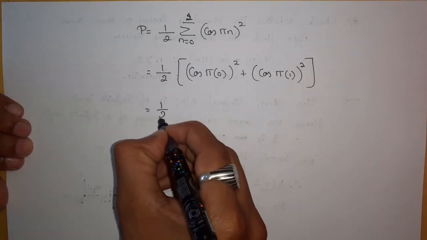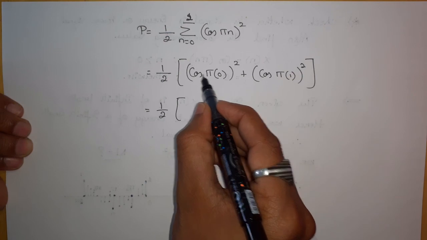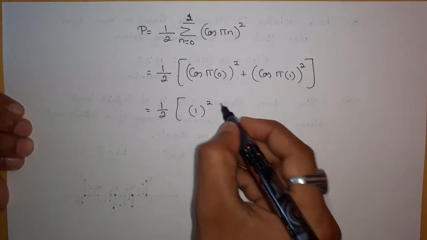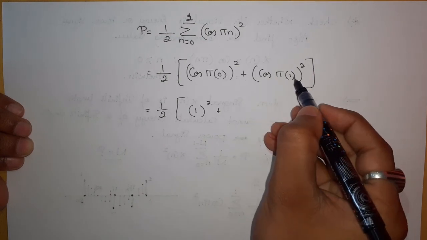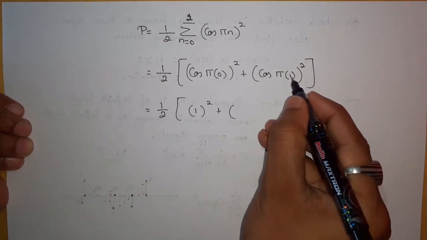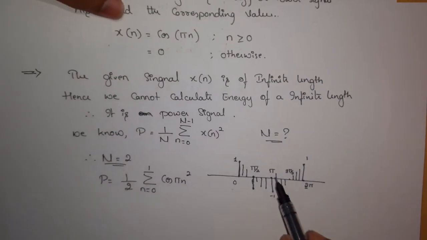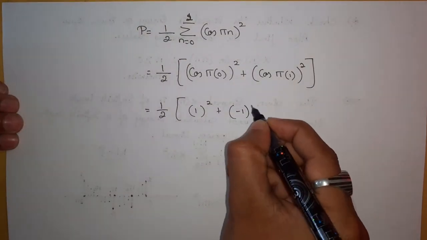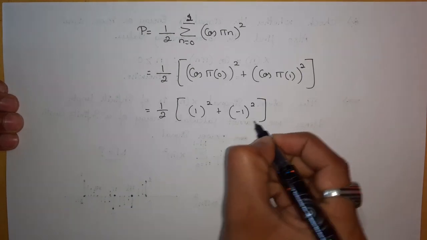Okay, 1 by 2, pi into 0 is 0, cos 0 is 1, 1 square, plus cos of pi into 1, pi into 1 is pi, cos pi is, as we marked here, minus 1, minus 1 whole square.